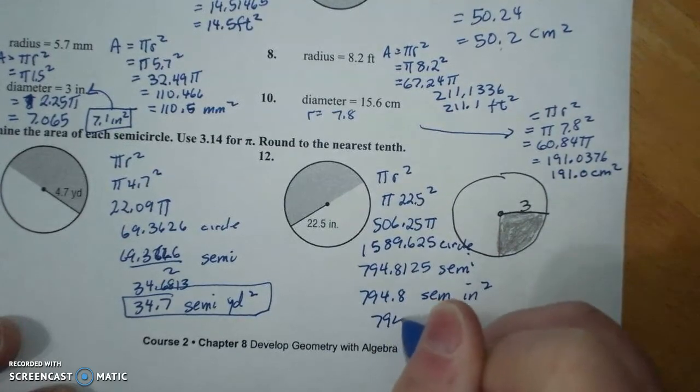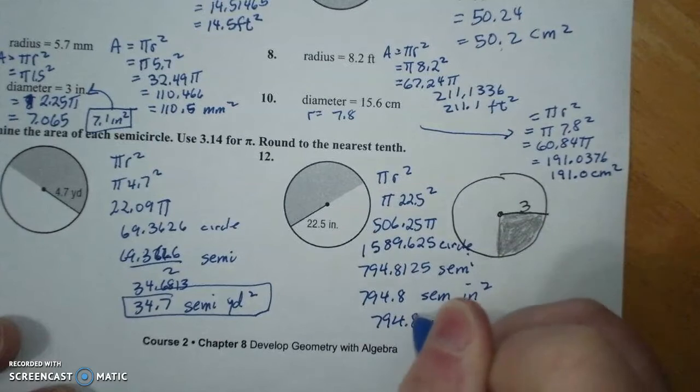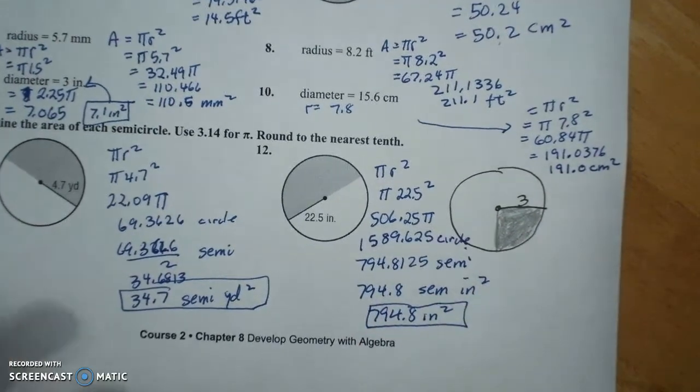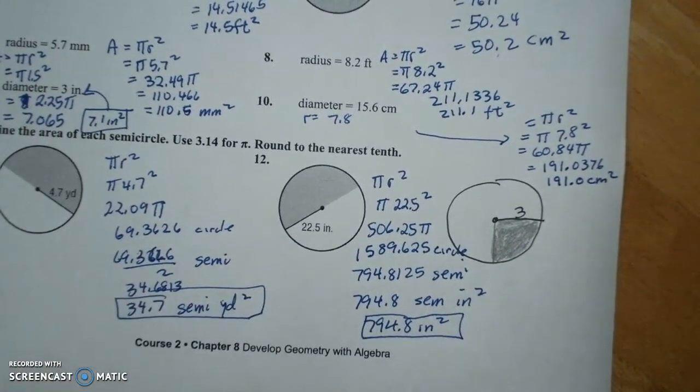Now, notice I'm annotating when it's a circle and when it's a semicircle.